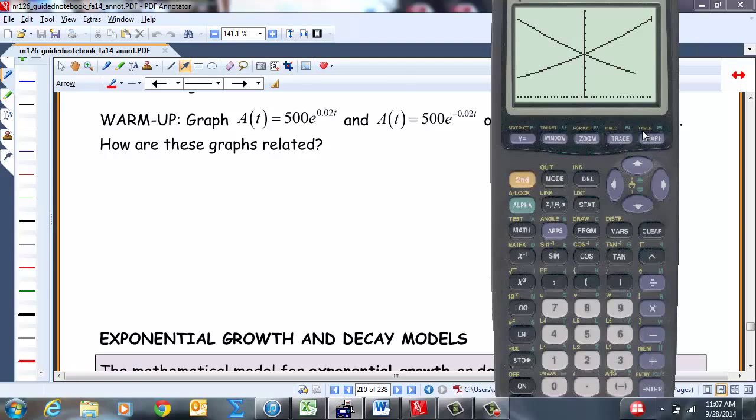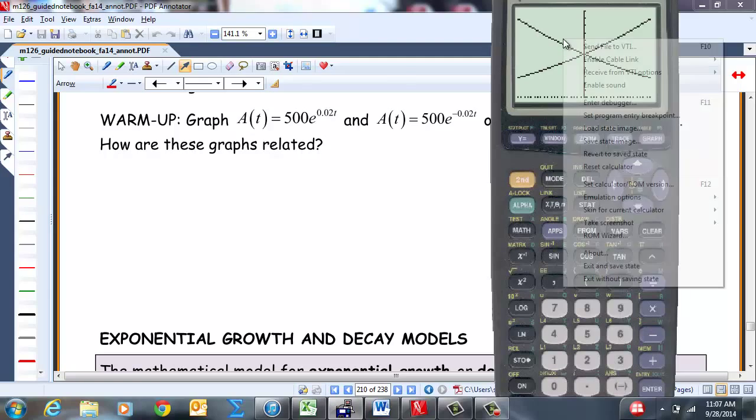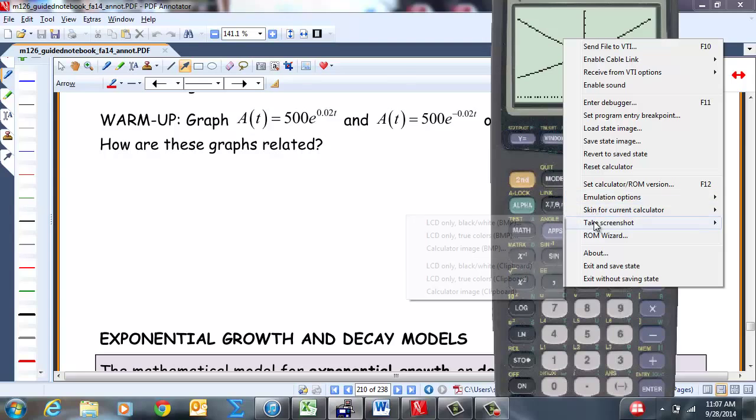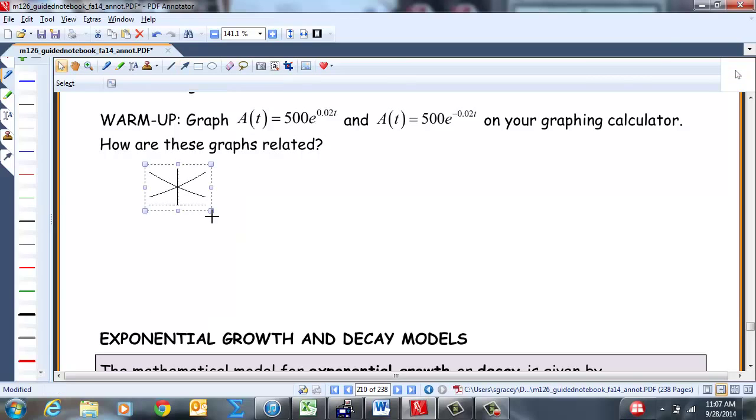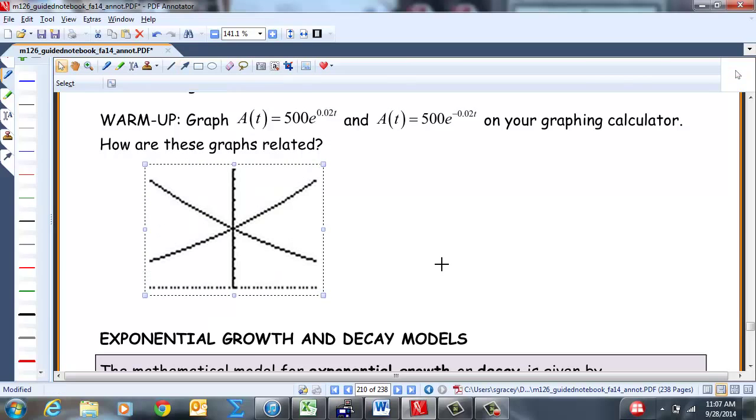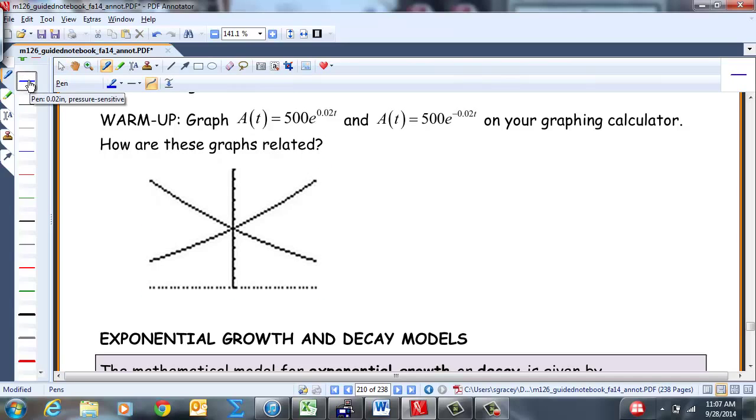All right. So it looks to me like this one here was the first graph because it's a growth function.